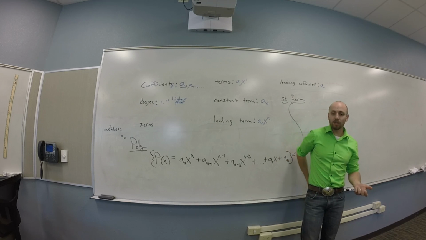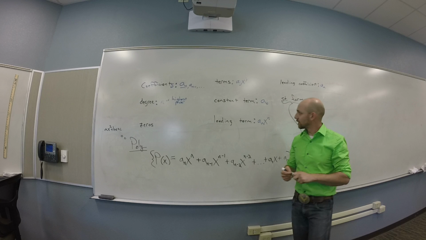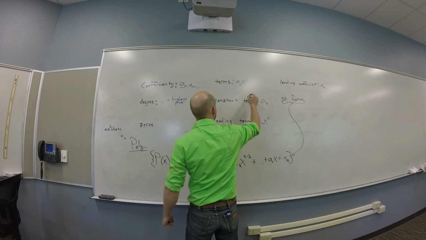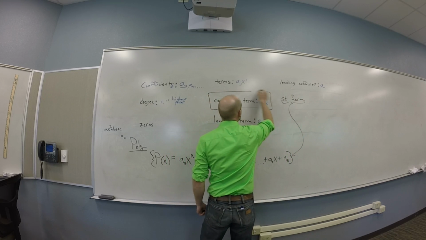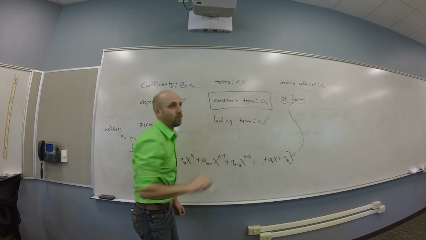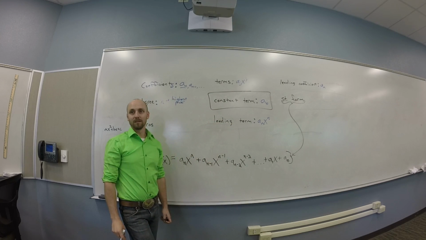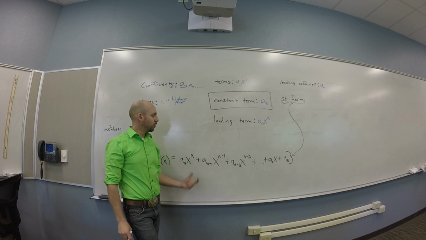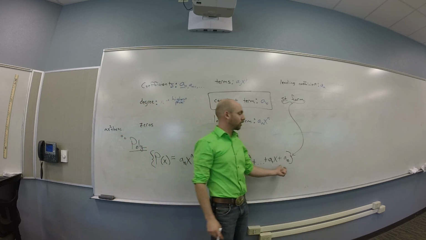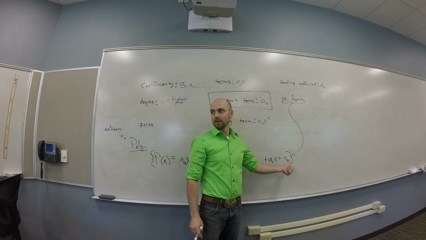So please note that you guys know some stuff. The constant term corresponds to what? If you knew what the graph of the rest of this looked like, it's a vertical shift.